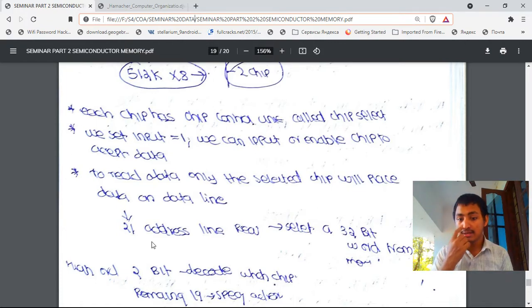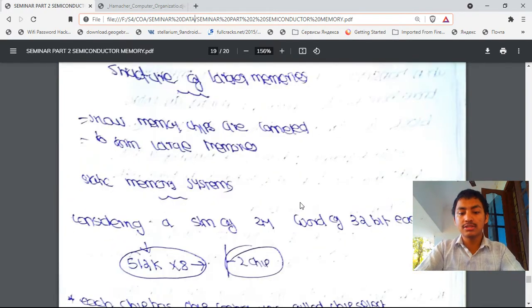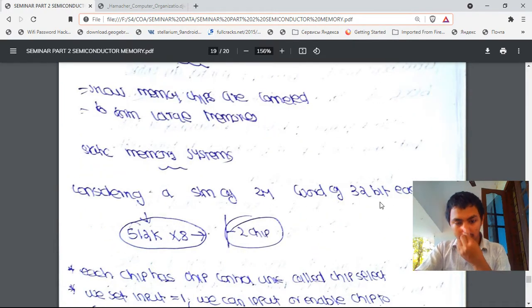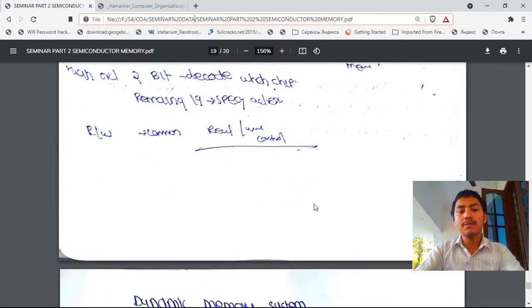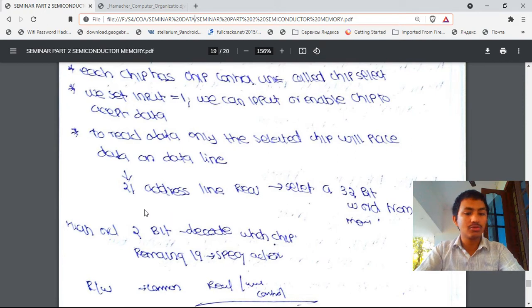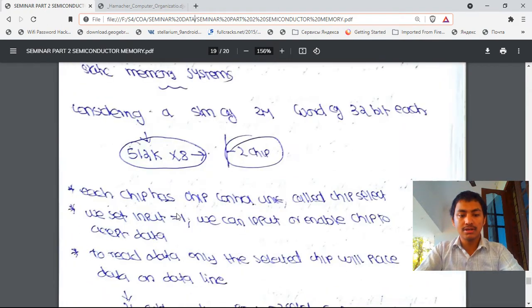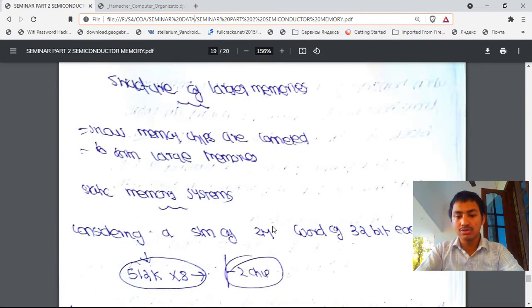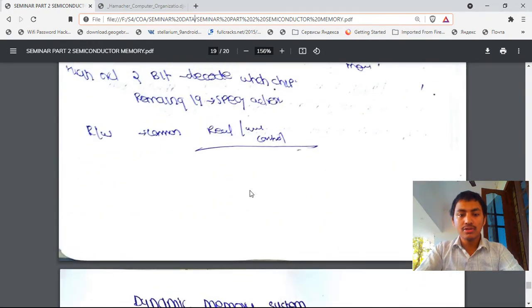As we discussed, considering a system of 2 MB with words of 32 bits each, in that scenario we need 21 address lines, since we have to access 2M words, so we need 21 address lines to select a 32-bit word.